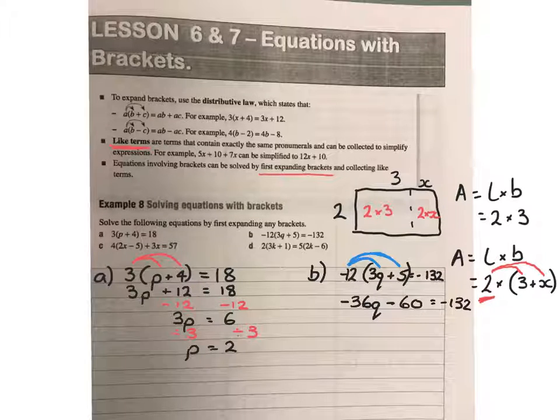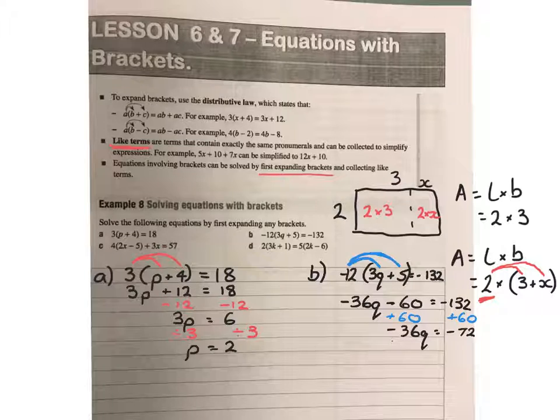So I'm going to solve my equation, and first of all, I'm going to add 60. The opposite of taking away 60 is adding 60. So then I've got negative 36q is equal to negative 132 plus 60, which is negative 72.